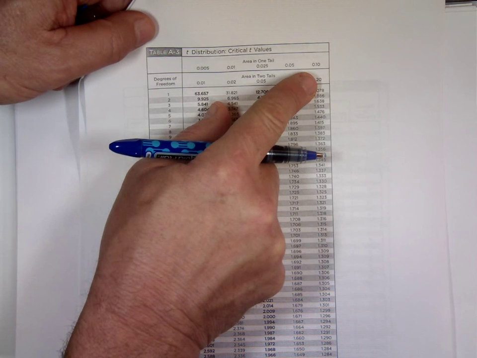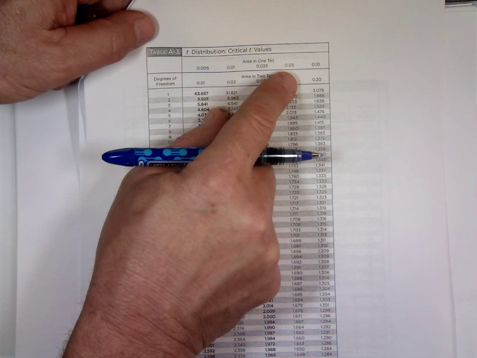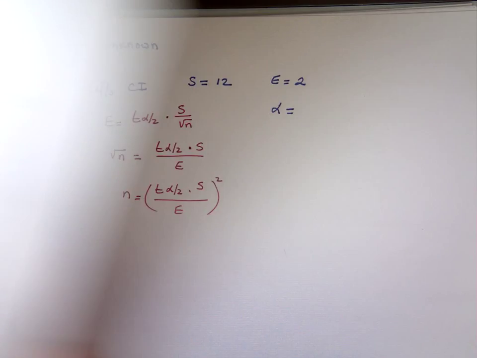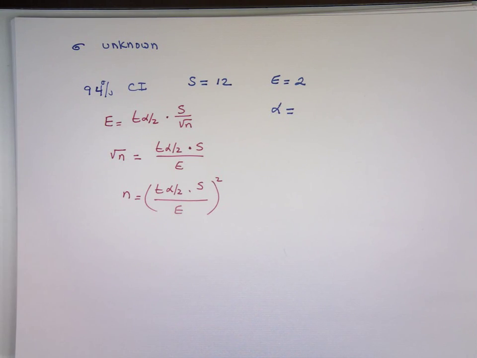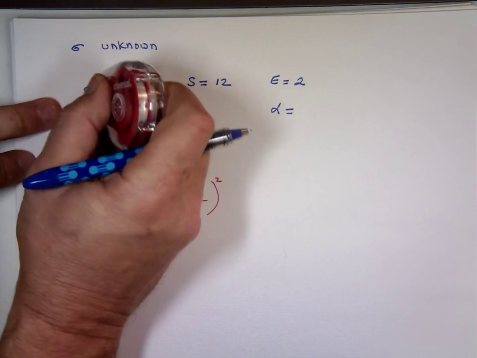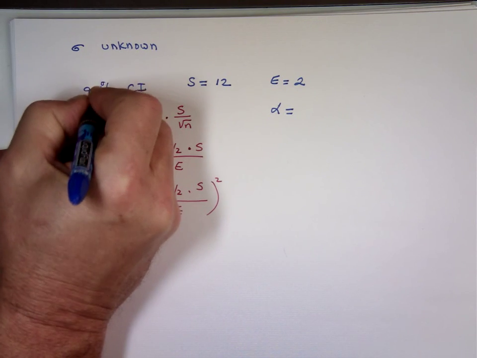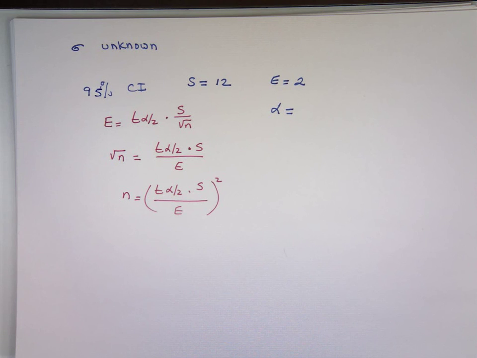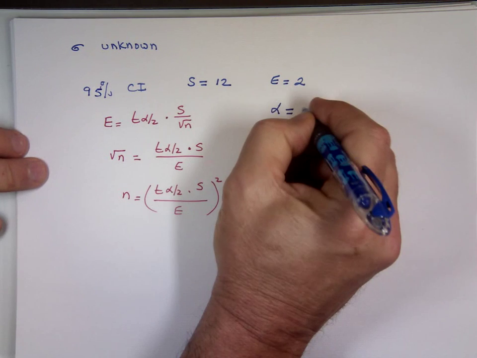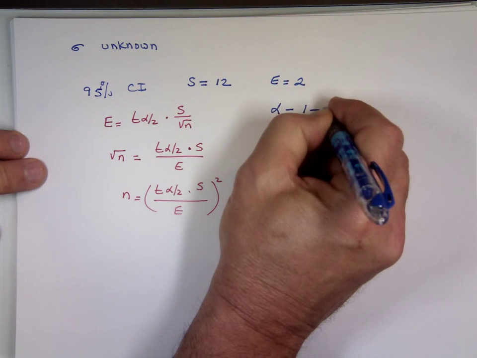So 90%, 95%, 99%. So let me make this 95%. I can look online and see if somebody has that table for 94, but the one I have with me doesn't work. So alpha equals 1 minus 0.95.